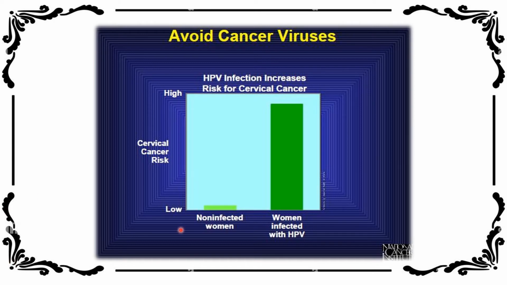Okay, so this is just an image of human papillomavirus infection increasing the risk for cervical cancer. So there is a high incidence of cervical cancer risk for women infected with HPV. And of course, there is a low risk of developing cervical cancer for women non-infected with HPV virus.